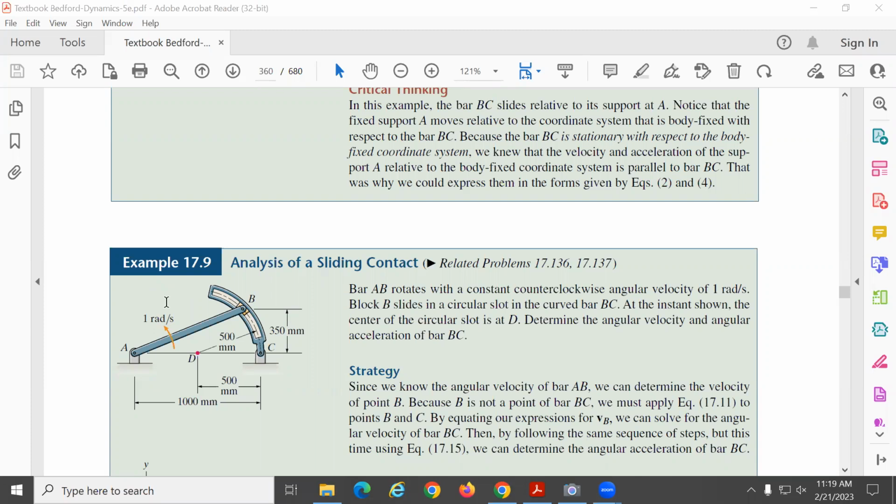Okay. So point B, point C, point A. Yeah, the dimensions would be unchanged. Yeah, take the dimensions. Okay, 350.